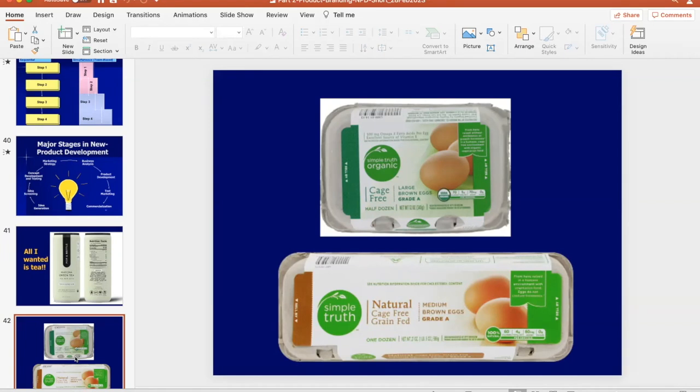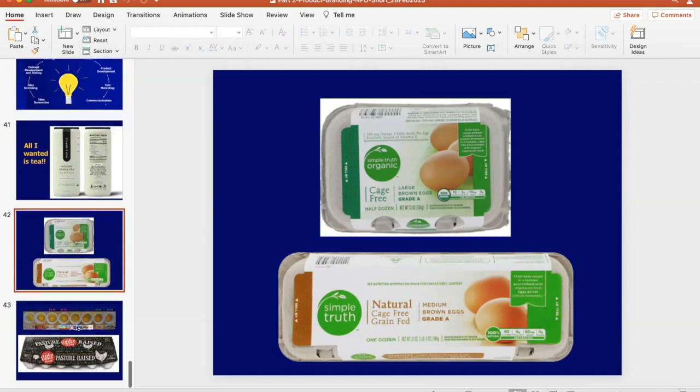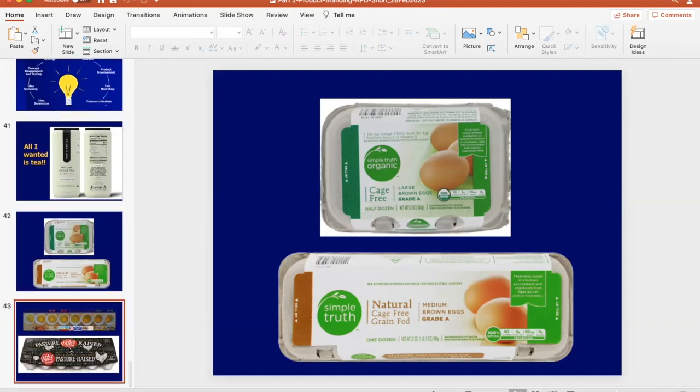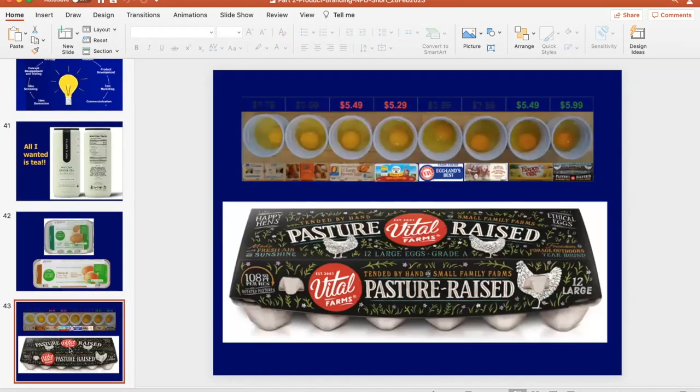So you think, oh, those chicken, I visualize them. They're not in the cage, and there's an old lady with a beret, and she's giving them grain. So the egg needs to be better. Then another marketer comes in and says, they are happy hens. They were brought up in fresh air.